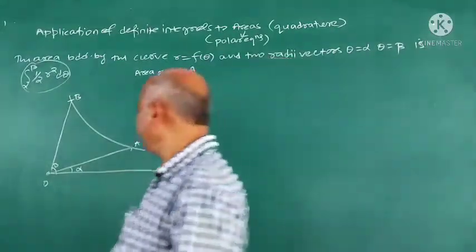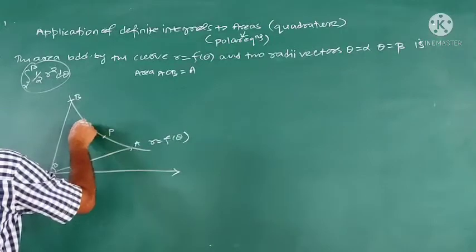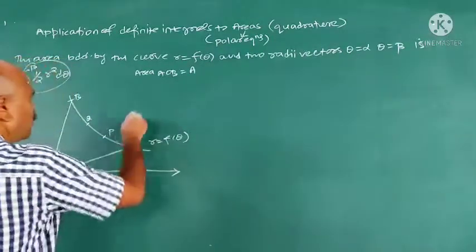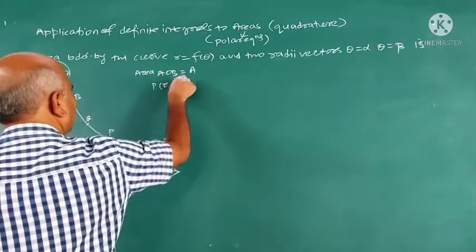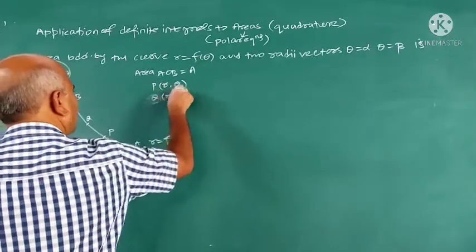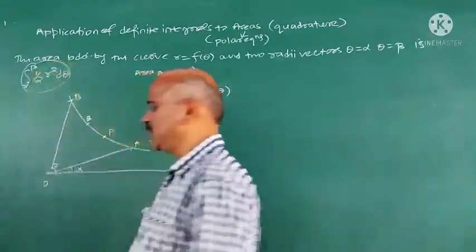To prove this, suppose P and Q are any two neighboring points on the curve, where P is (r, theta), Q is (r plus delta r, theta plus delta theta). Be any two points.